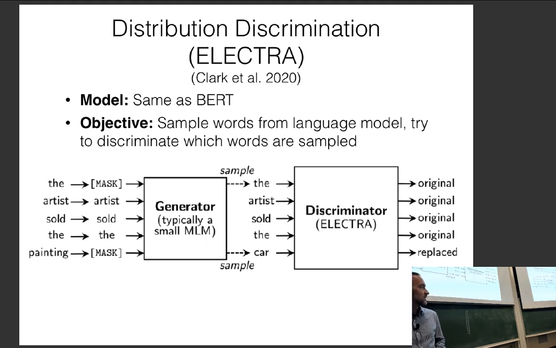So this is kind of interesting. The reason why this is interesting is BERT only gets a loss function for 15% of the words in the input on average, because you're masking out 15% of the words. This gets a loss function for all of the words every time. So that's kind of nice.